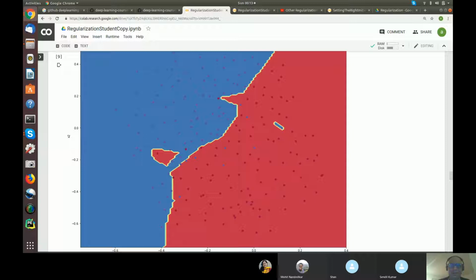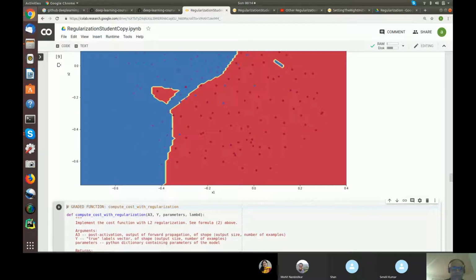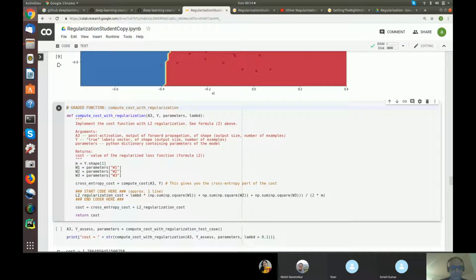And again, you can see some pointy things coming out of the red. While a real model should be somewhat a reasonably straight line with a little bit of curve, diagonal, across the two classes. So this is a simple case where the model has too much capacity for the given problem in the data. So let's try and reduce that.